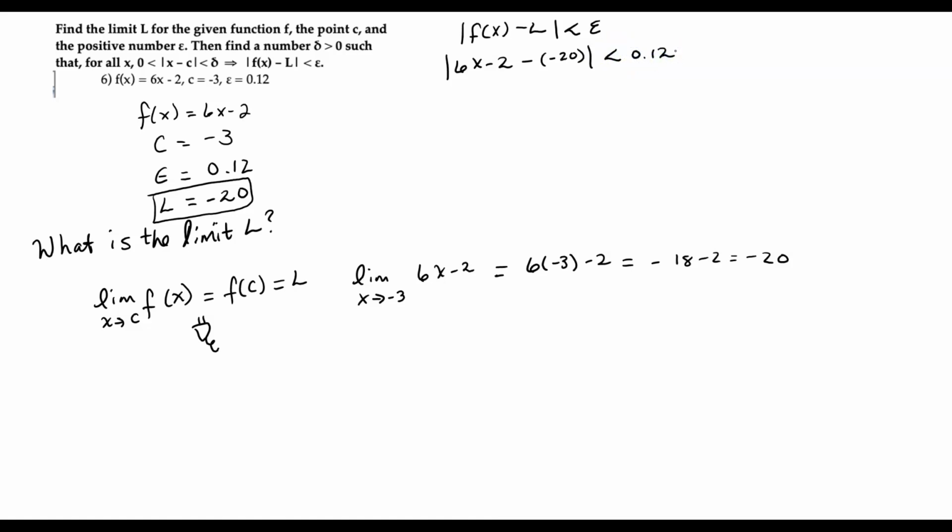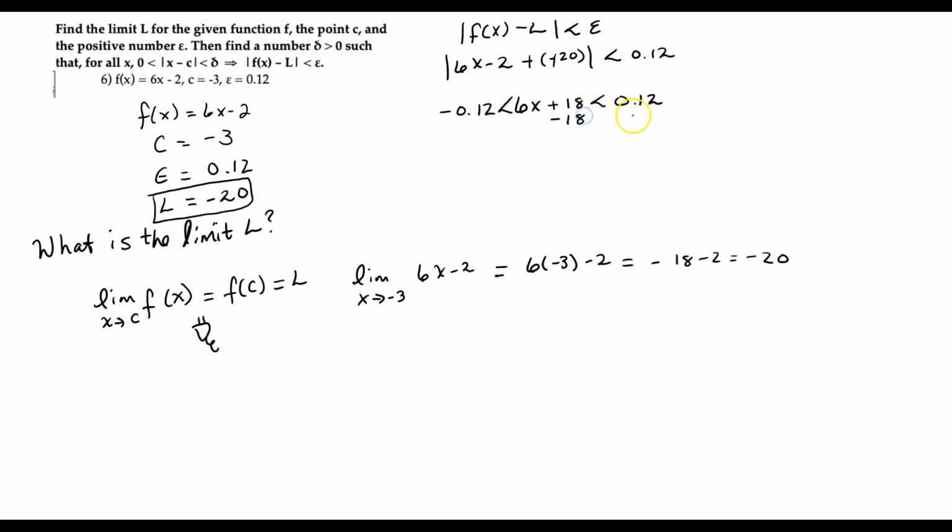Okay, so what we're going to do is we're going to combine like terms here for a second. That's going to give us 6x plus 18. Okay, and that's going to be in the middle of our compound inequality that we create because we have an absolute value.